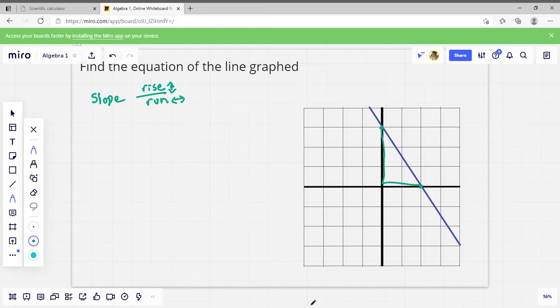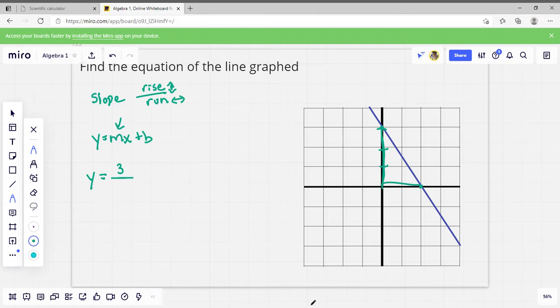Okay? So our equation of the line is y equals mx plus b. The first thing we're going to try to find is our m. That's going to be our slope. So we're going to write y equals m, our slope. That's how many we go up. Our rise goes on top. We went up 1, 2, 3. So that's the top of our fraction.